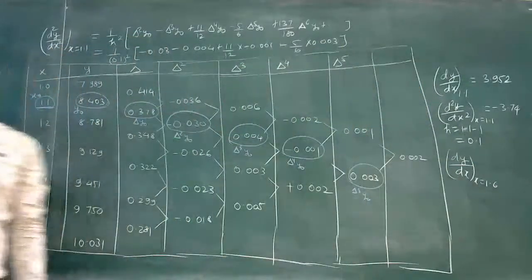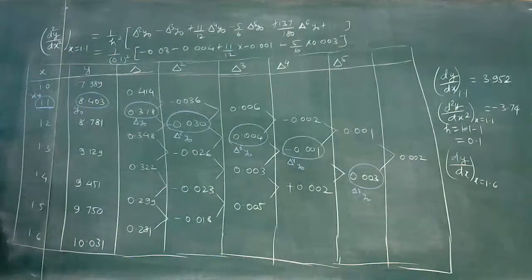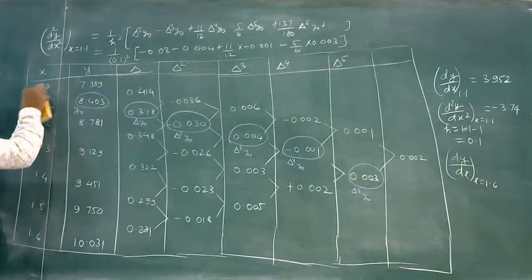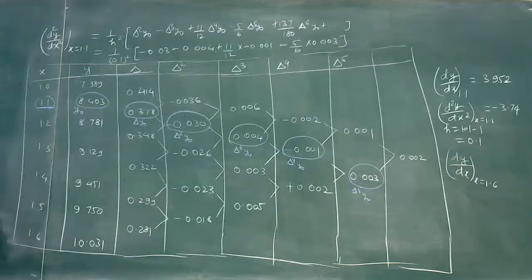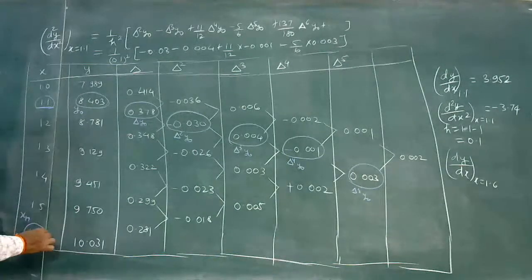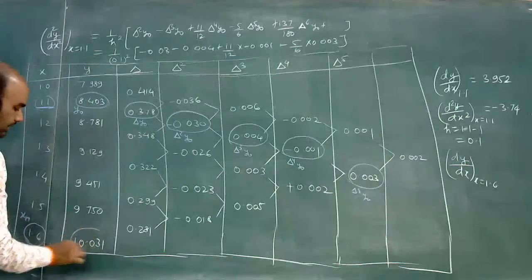Okay. So now our x naught will change. Now this will shift to the bottom of the table. So this is now our xn, and corresponding to this is yn.